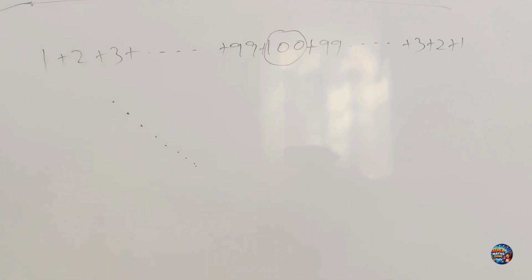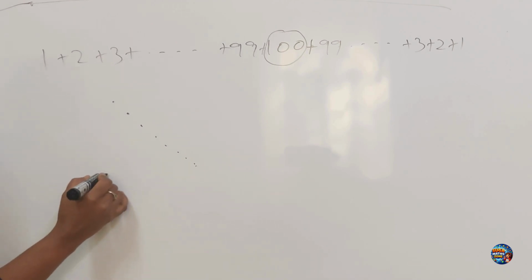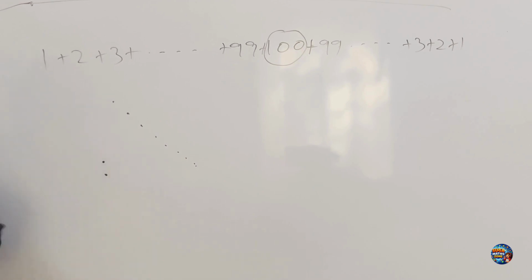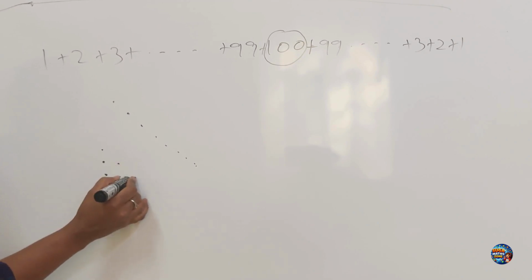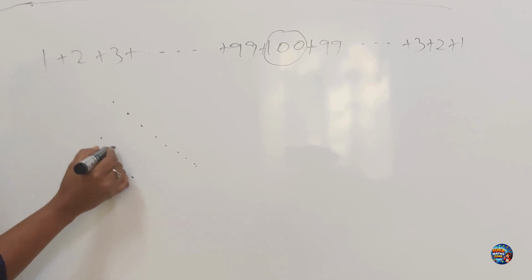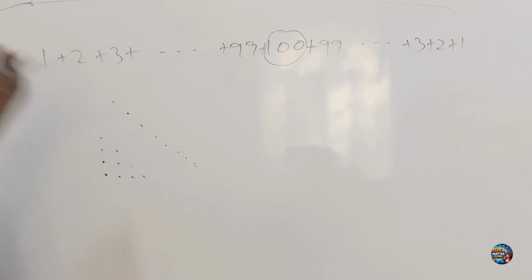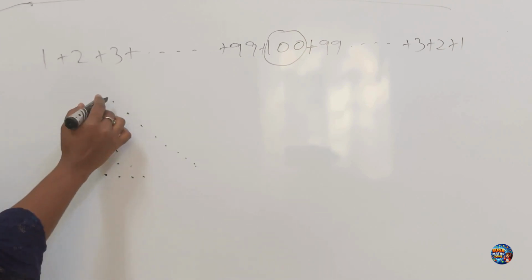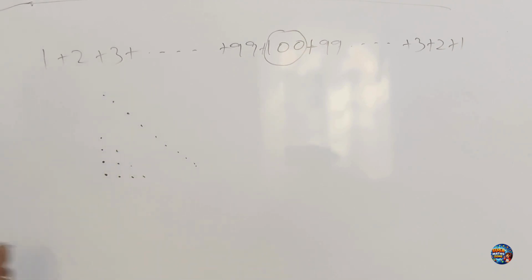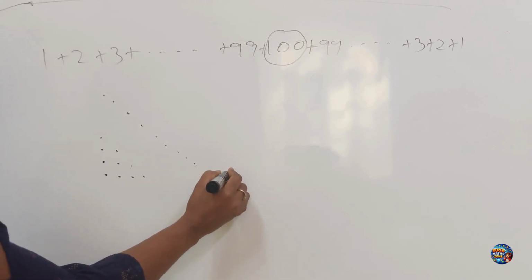I am just drawing the dots roughly. Here 1 dot, then again 2 dots, then 3 dots, then 4 dots, and it goes up to 5 dots, 6 dots, 7 dots, like that it will go on, and the diagonal part should be 100 dots. Then again it goes in down direction.